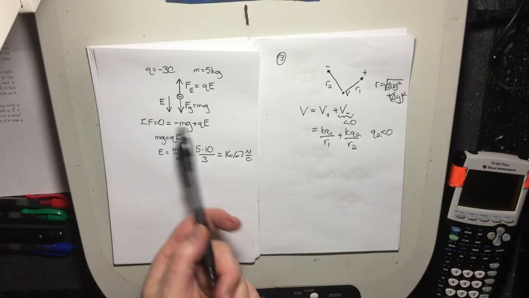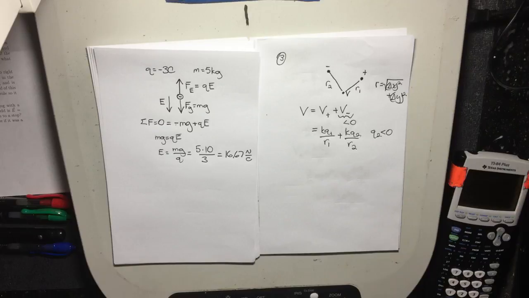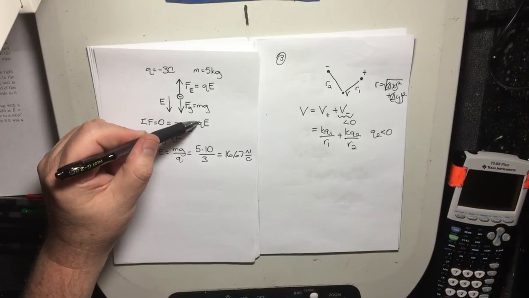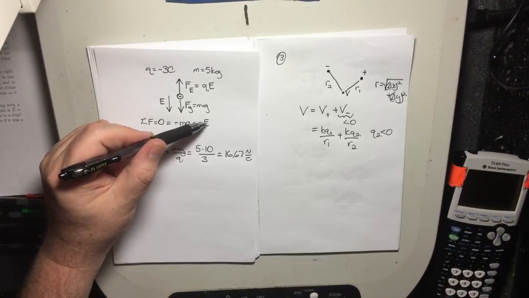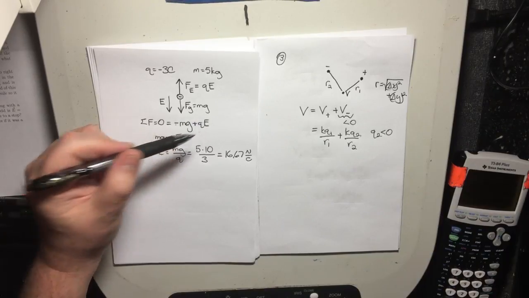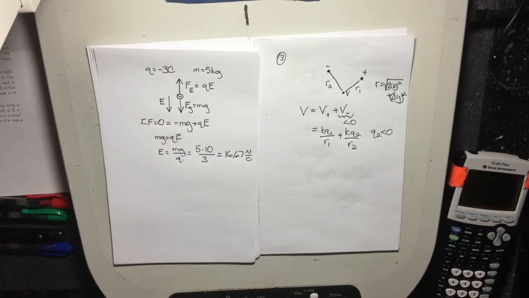When you're summing up forces in the vertical, I like to deal with magnitudes. And if the force is pointing up, I know that force is positive because it's heading up. If I was going to do negative Q, then I would have to have another negative either out front or in front of the E, and I would be taking negatives of negatives.